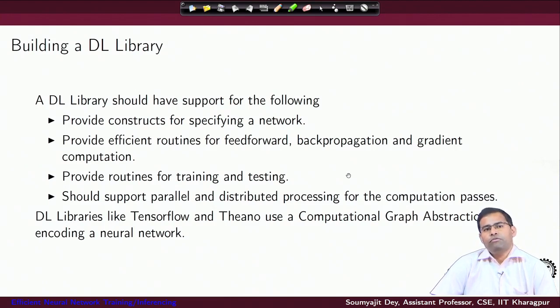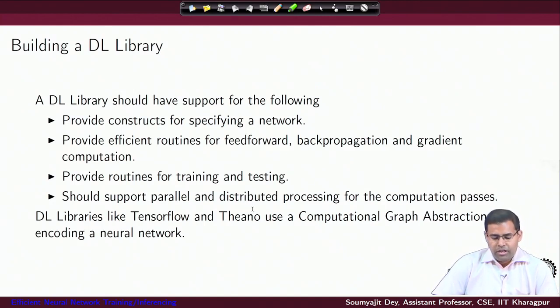They should just be available as function calls when I am building a complex neural network architecture and implementing it for doing all these computations, right. Of course, using these routines, I would like to build high level routines for doing the neural network training as well as testing process, right.